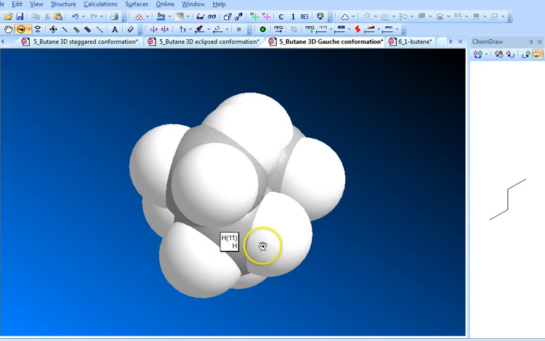So you can see, these are the two methyl groups on this carbon. These are the hydrogens on first carbon. This is the hydrogen on other carbon. You can see it at the back right there. Similarly, this is the hydrogen on the other carbon, and this is, oops, I can't select that. And this is the methyl group.